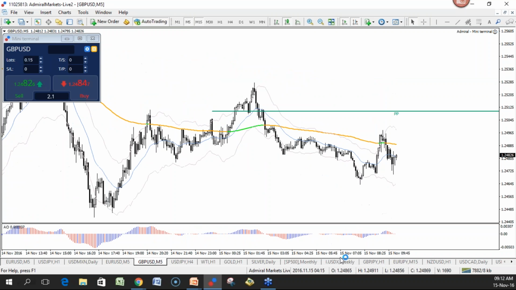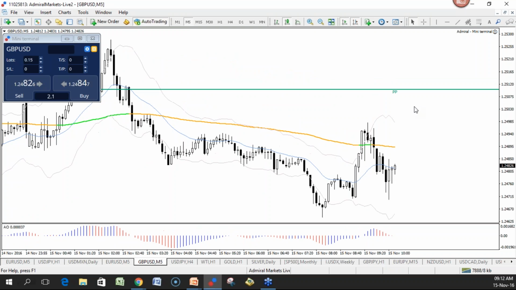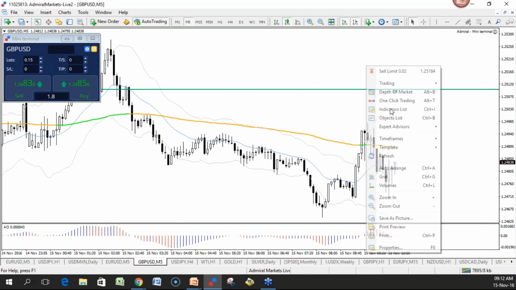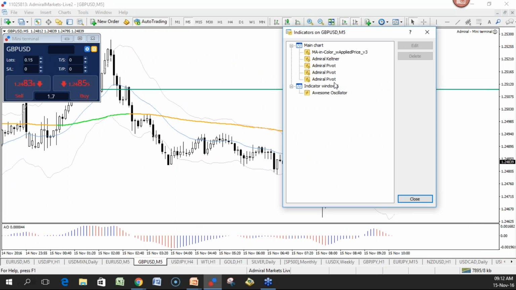Otherwise, the other opportunity could be if it breaks above 125 and then hooks back to 125 probably. Let me quickly check something here.